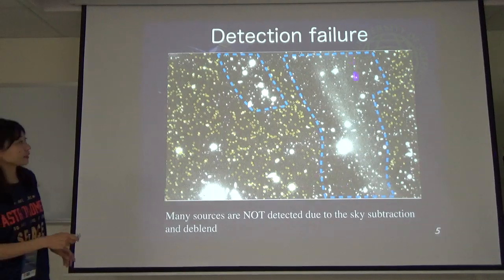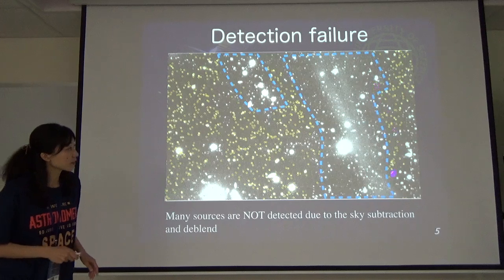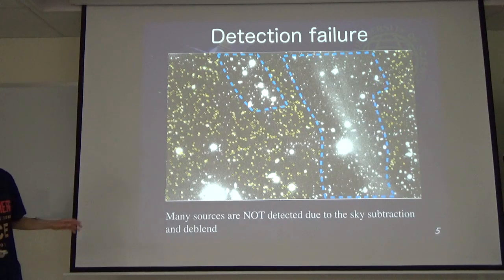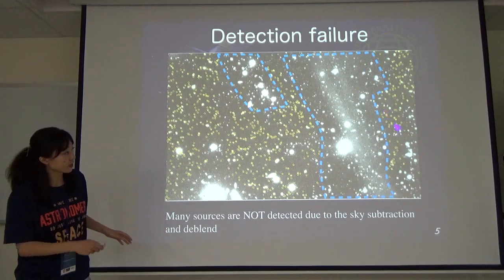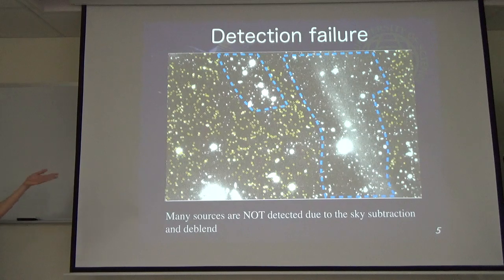So, like this area damaged by the ghost of a bright star, the pipeline cannot detect any sources in this kind of area.